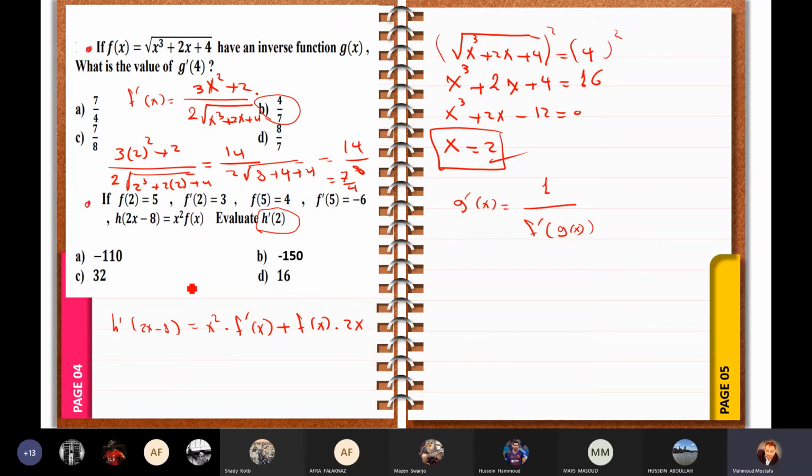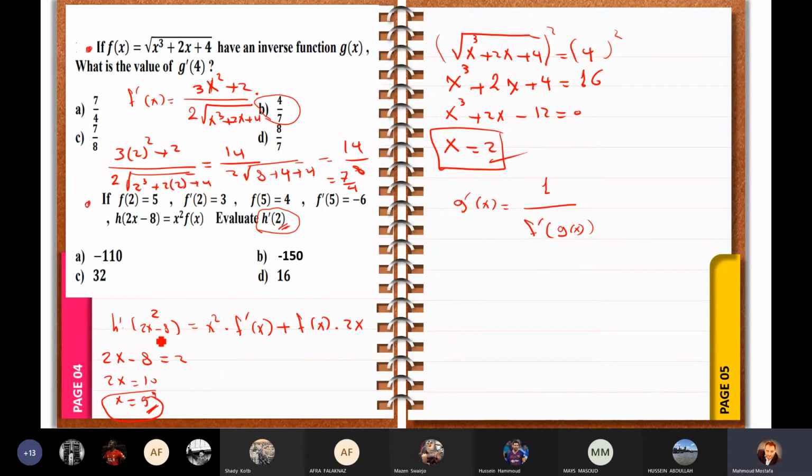We have h of 2, but this one is 2x minus 8. So it means 2x minus 8 equals 2. So 2x equals 10, which means x equals 5. It means when I want to find h prime of 2, I have to find f prime of 5, because x is 5.